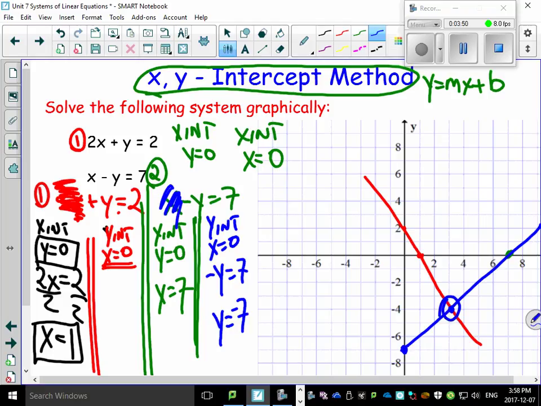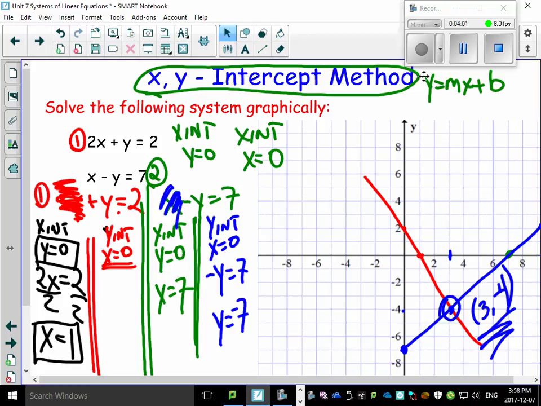And lo and behold, there's our intersection, and that's the point that we're looking for. And according to this graph, that's about 3, negative 4. And I'm going to tell you something. I did this algebraically, and that's exactly our answer at 3, negative 4. So even though I didn't use a straight edge on this, I got a pretty decent answer. But that's the point.